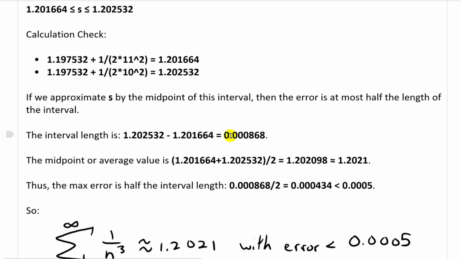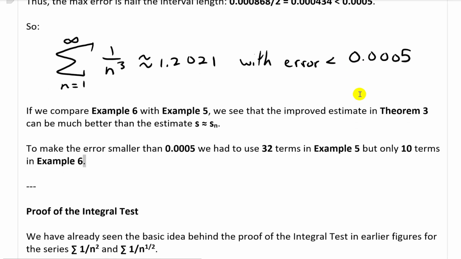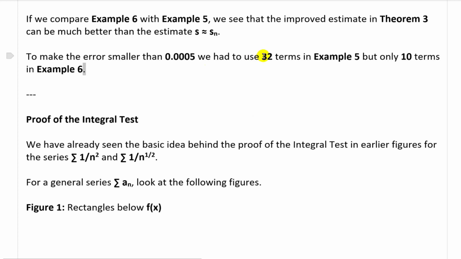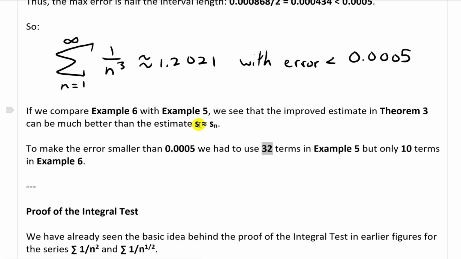That means we split the actual error length in half. We get 0.0005 with just 10 terms, without needing 32 terms to approximate S.